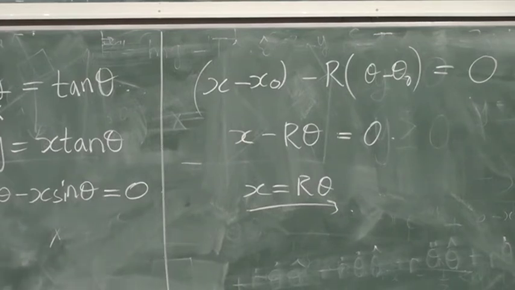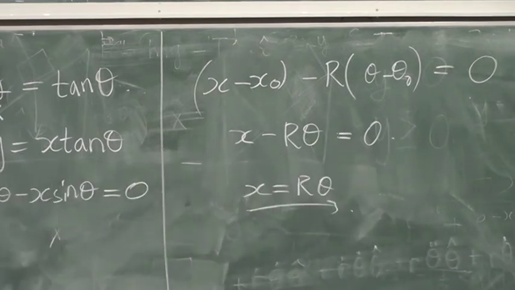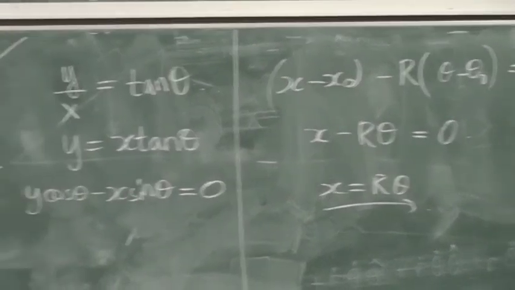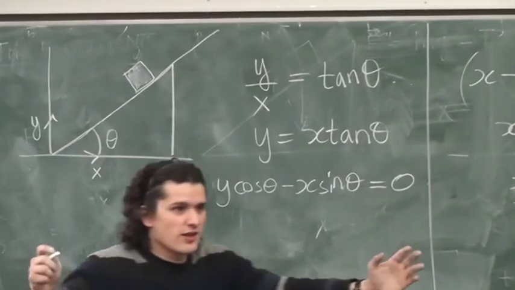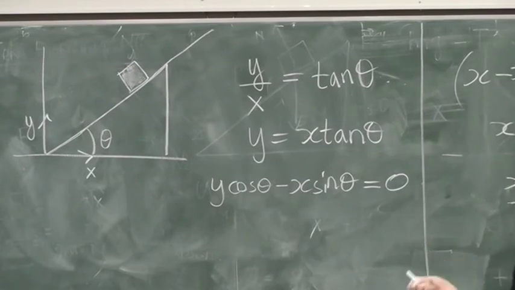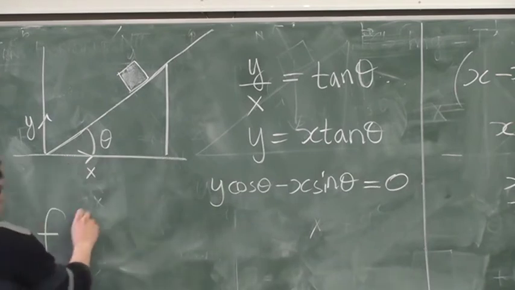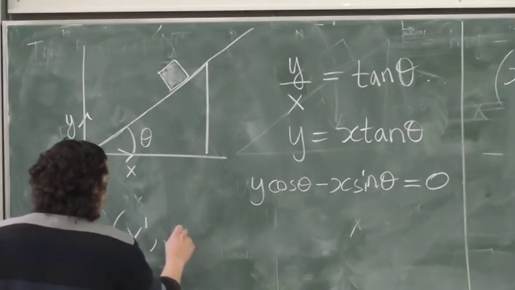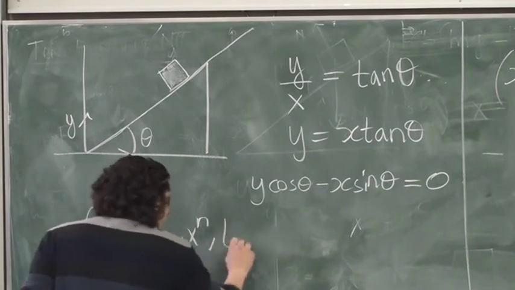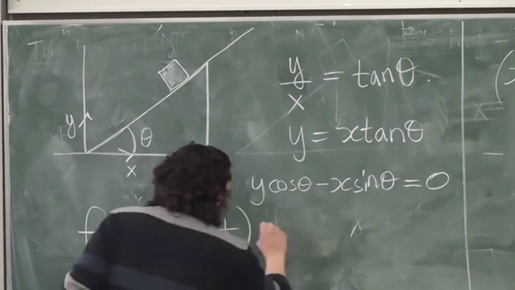Holonomic, by definition, is a constraint that can be written as some function of the coordinates and time, but not the velocities, equal to 0. Right, so some function of my coordinates, x1 to xn, and time, but not the velocities, is equal to 0.